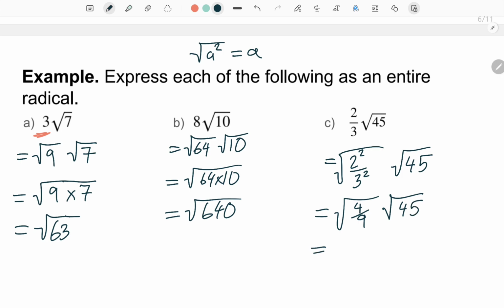And now that we've got it as two radicals multiplied together, just multiply the fraction by that 45. I know, we gotta do some fraction multiplication. It's okay, we can handle this. So we do 4 over 9 times 45. Well, 9 actually divides nicely into 45, becomes 5, so it's just 4 times 5, which is 20, so the square root of 20. All right, there we have it. We've got it as an entire radical. Let's continue onwards.